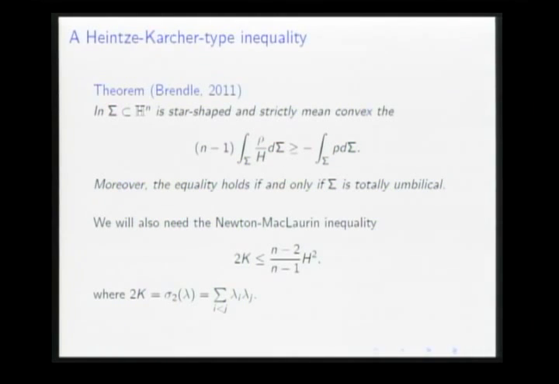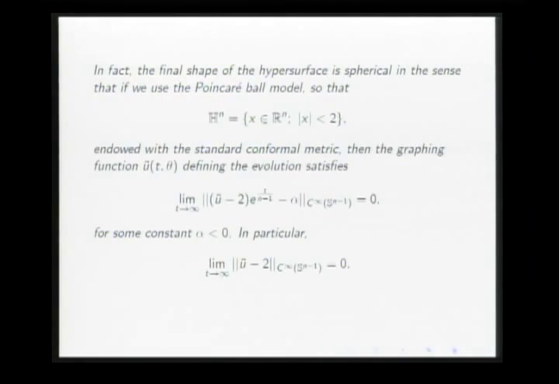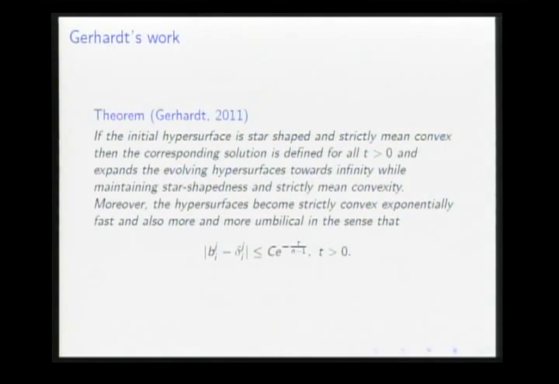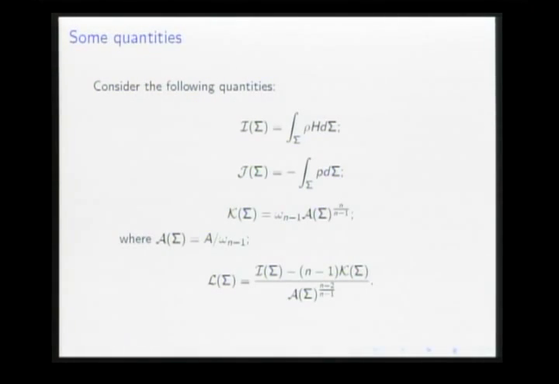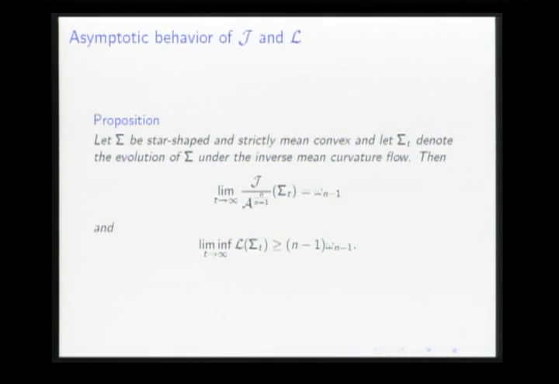Another important thing is this inequality here by Brendle. This P is the support function. So we have these quantities here, and you compute the variation of these things under the flow.